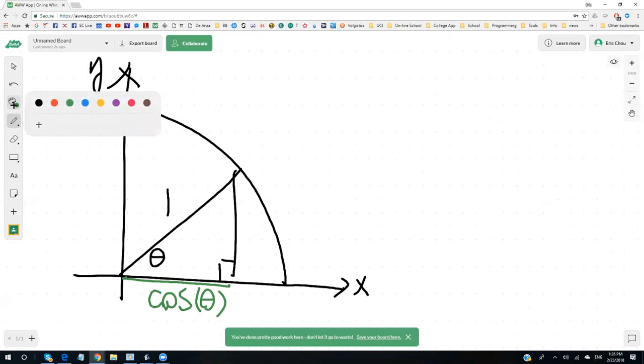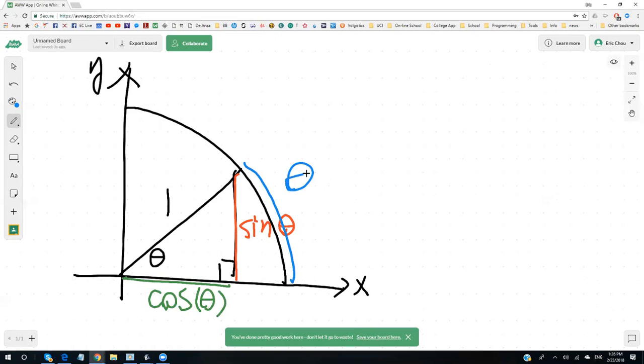The length of the other guy over here is called sine theta. Now I use blue. The length of this guy is called theta, the arc.